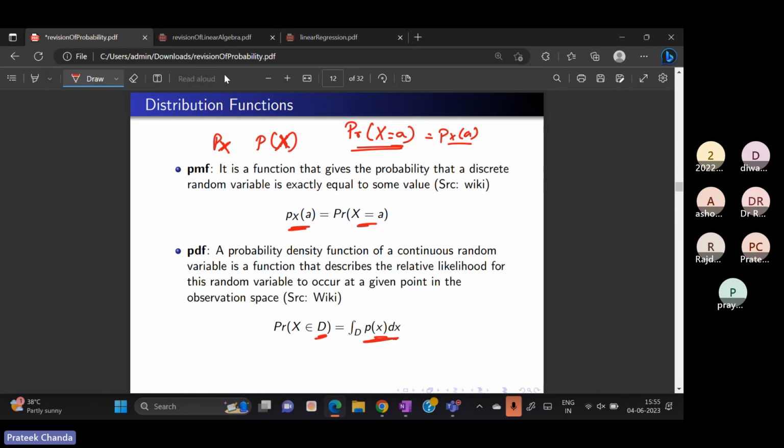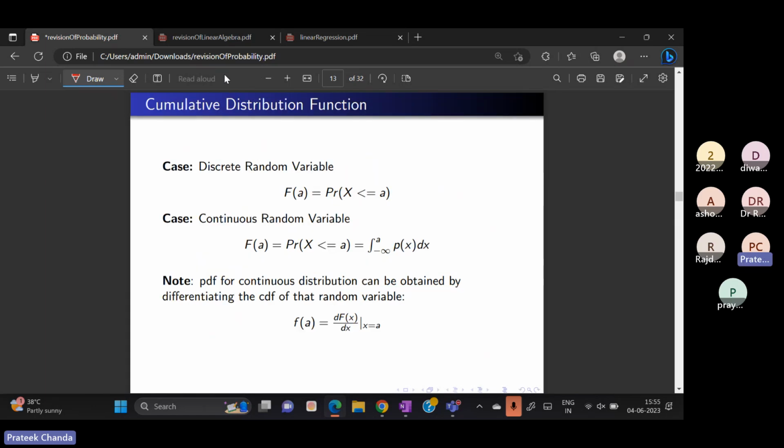And for cumulative distribution, I again have two notions here, for discrete and continuous. So it basically means, let's say my random variable x takes on values from 0 to infinity, for example, and a lies somewhere in between. So F of a is basically the probability of all values of random variable x less than or equal to a.